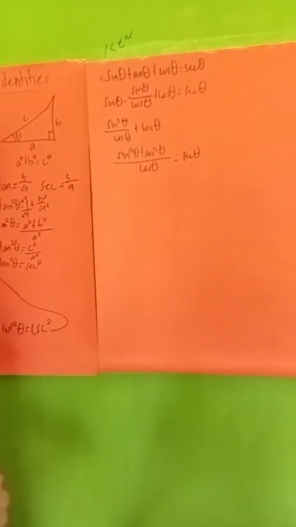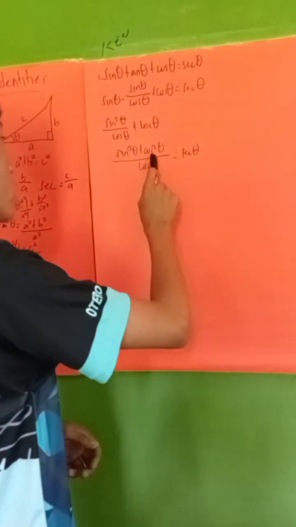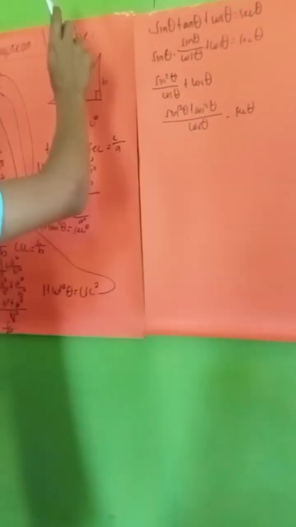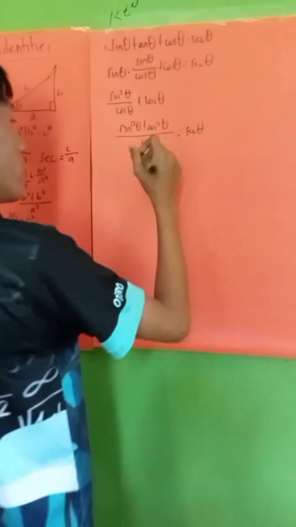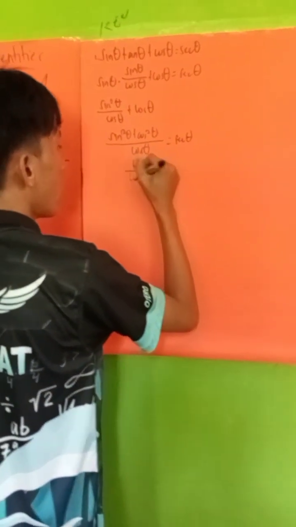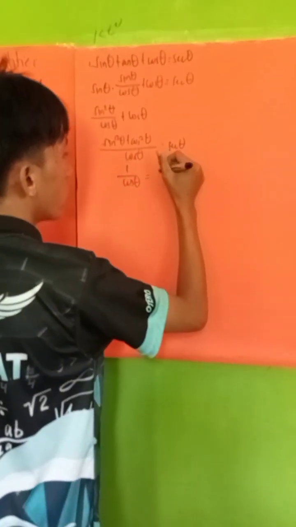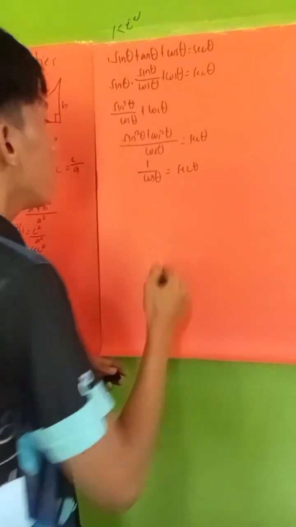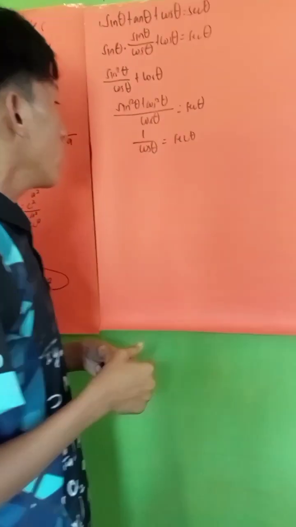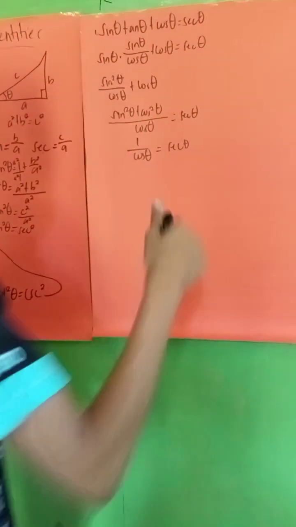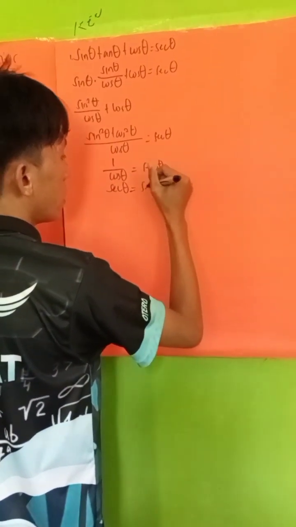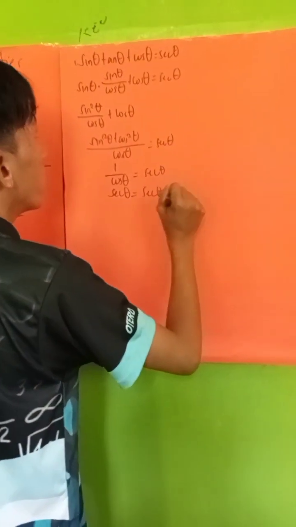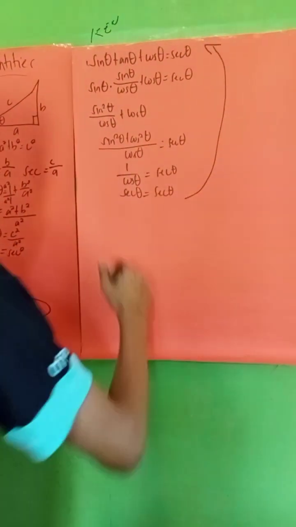We know that sine squared theta plus cos squared theta is equal to 1 according to the Pythagorean identities, so we replace it: 1 over cos of theta is equal to sec theta. The reciprocal of cos theta is sec theta. So it is equal to sec theta, and we proved it.